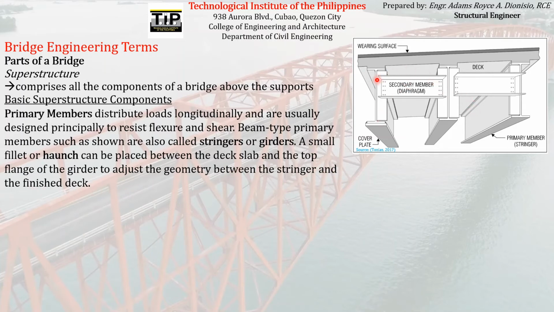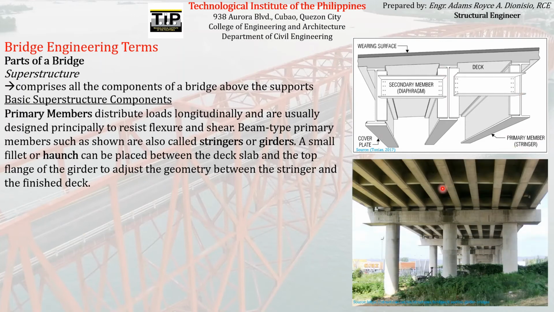So on this drawing, you can see the primary members are this. If the bridge is a girder type bridge, we usually call these primary members stringers. So in actual, primary members or stringers or girders, simply girders, look something like this.